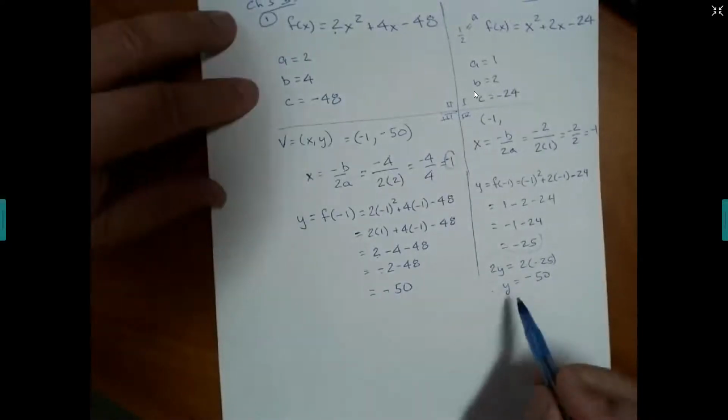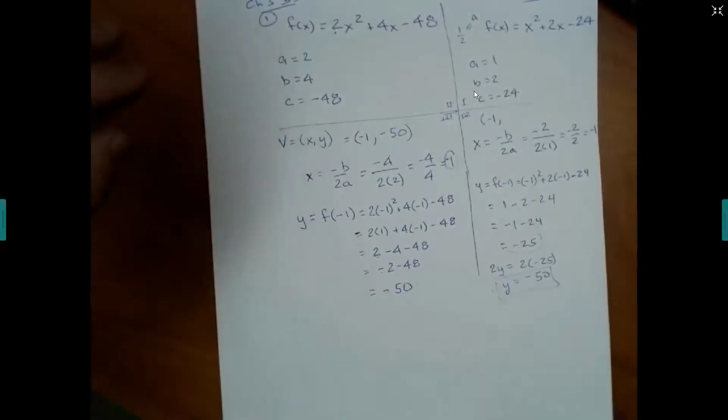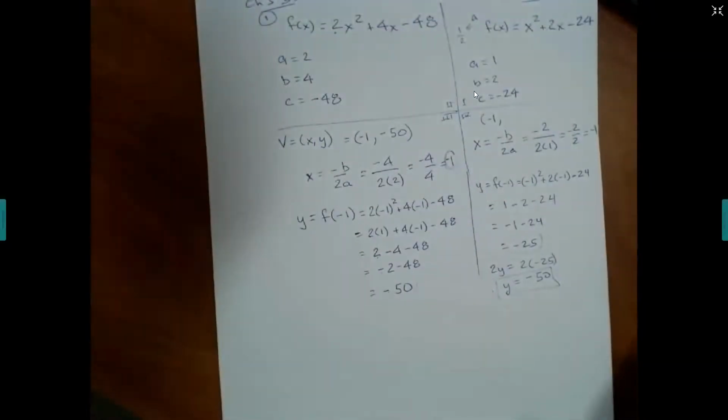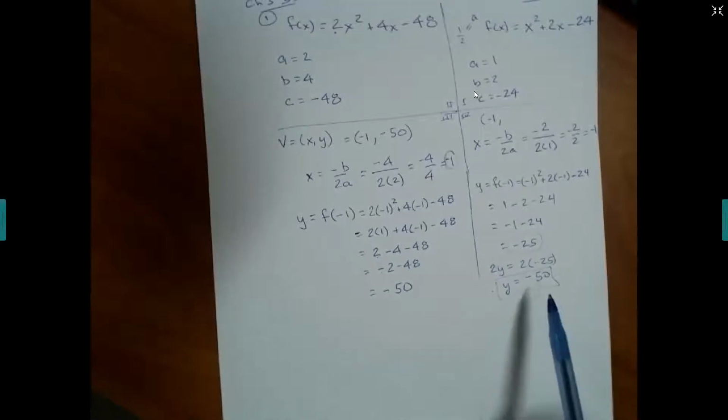That's where we get our vertex from. I'll show you why. It comes from completing the square. When you complete the square, the first thing you do is factor it out. It always stays in front.